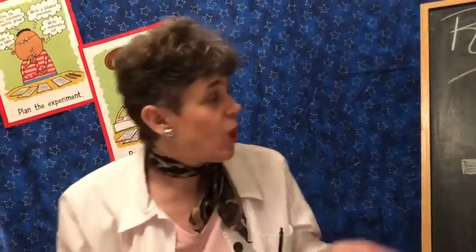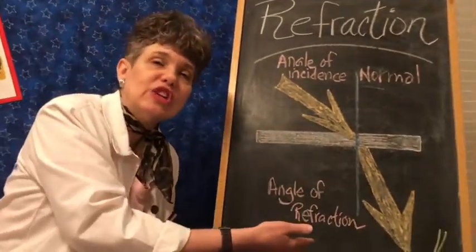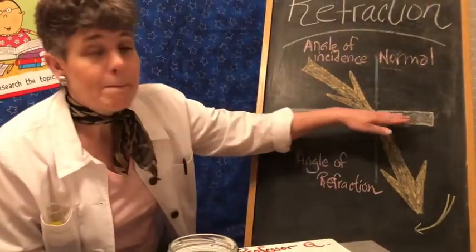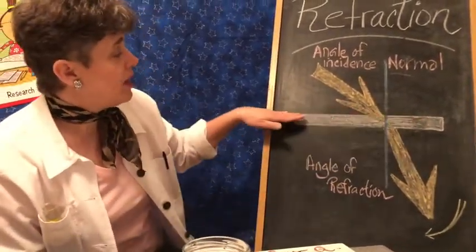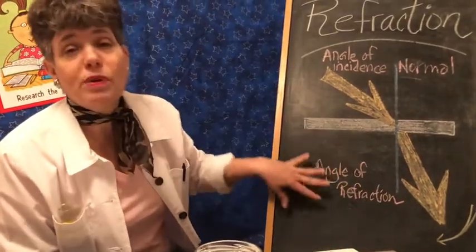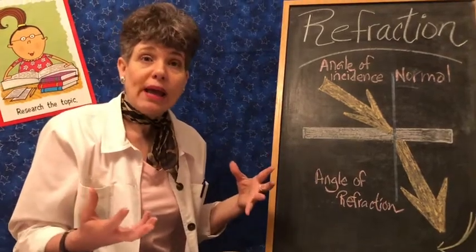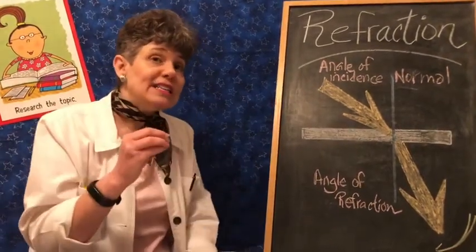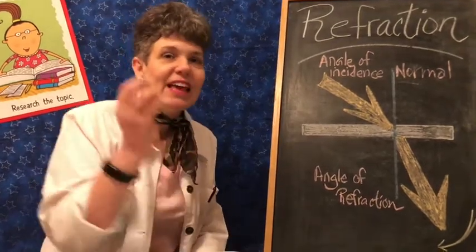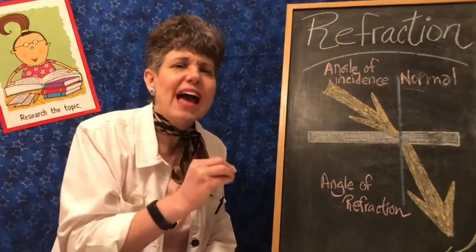Well, let's go over here and have a quick conversation about refraction. As you see, this would be our plane, our level plane, and this would be the air, and we could actually say that this would be water on the bottom. So what happens is when the light ray is traveling 186,282 miles per second in the air, it's going really fast.